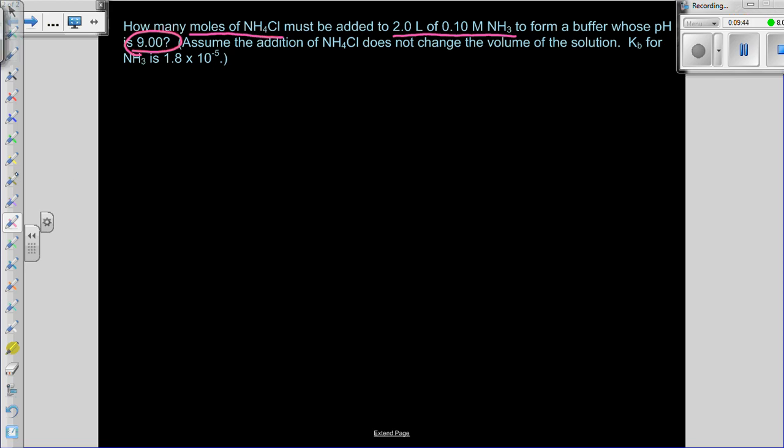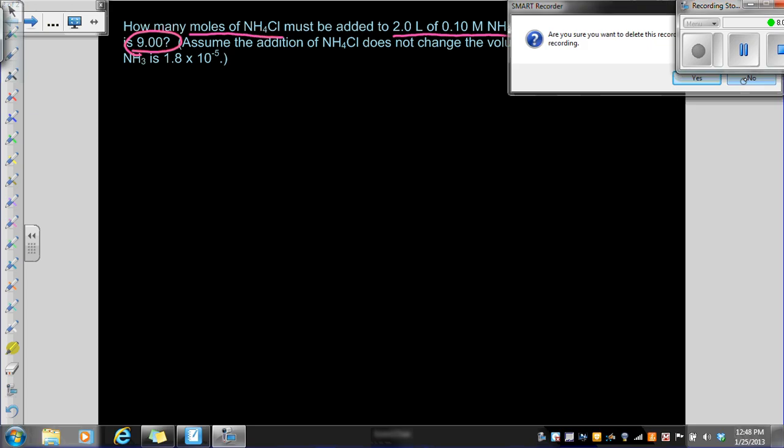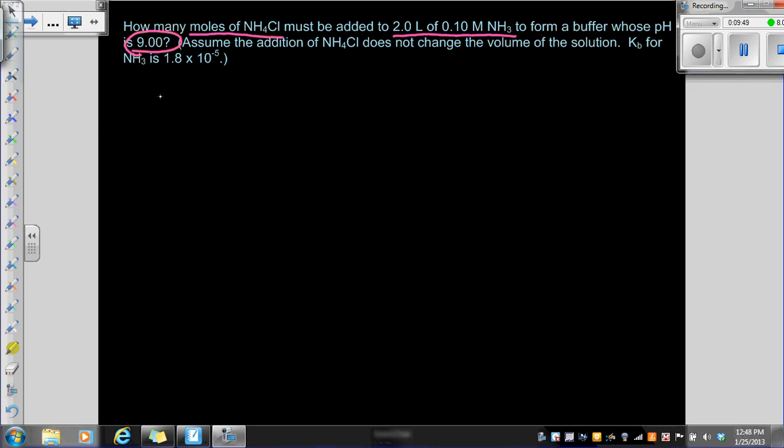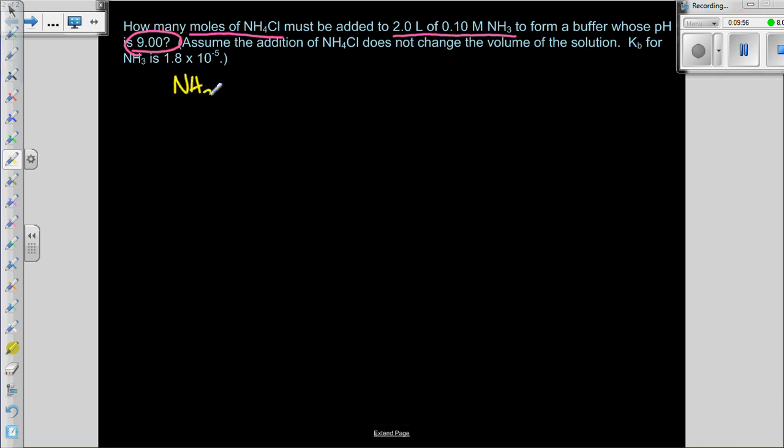Okay, so what I can do here, I can set up an ice chart. If I do that, I'm going to start with the weak base, which is ammonia, plus water. Ammonia is a base, so it's a proton acceptor. So we get ammonium and we get hydroxide.